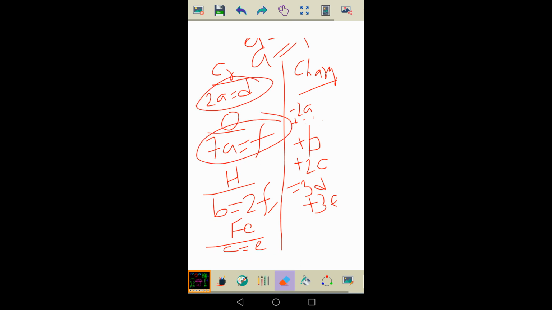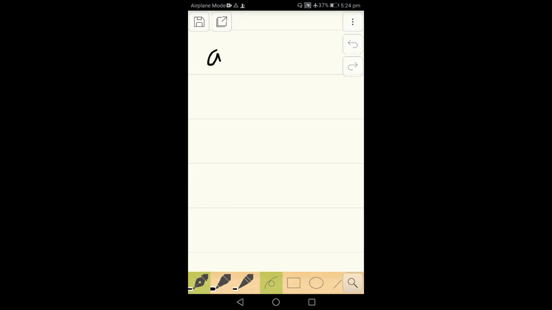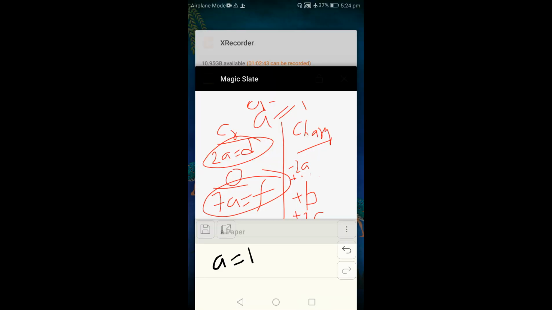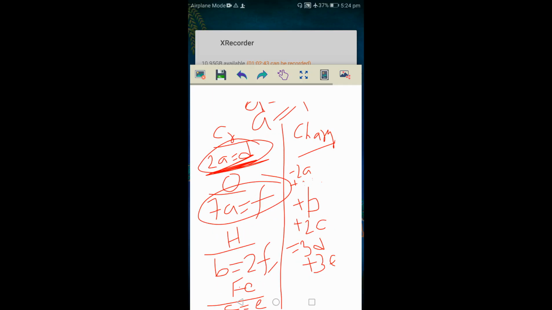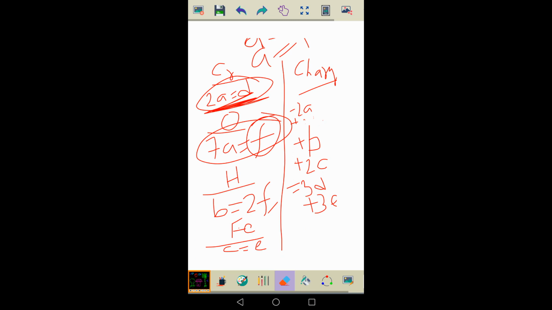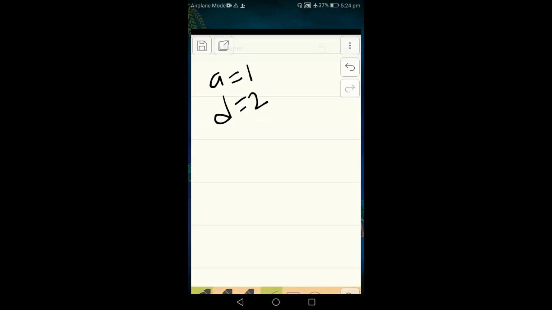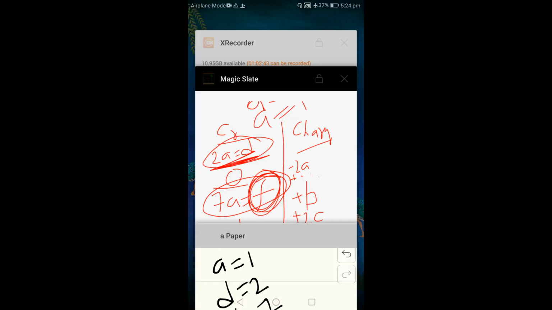Then D and F will give us whole numbers. If A equals 1, then D must be equal to 2, and F must be equal to 7.